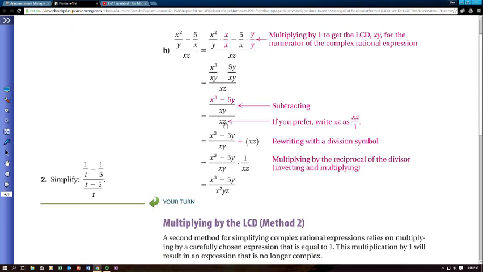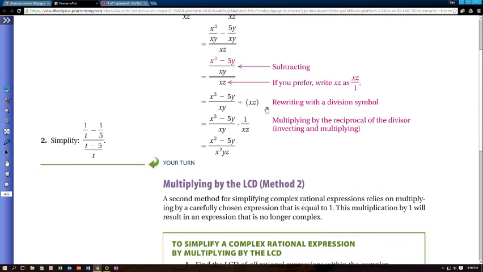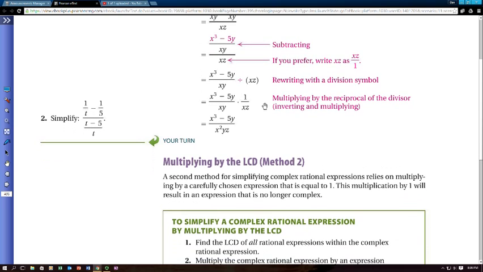Why they're using this example too is because we're so used to having a fraction in the divisor, but now I have a fraction divided by xz. Well, I can write that as a fraction: it's really xz over 1. So when I take the reciprocal of xz, people will see this when I put it in fractional notation: it's 1 over xz.